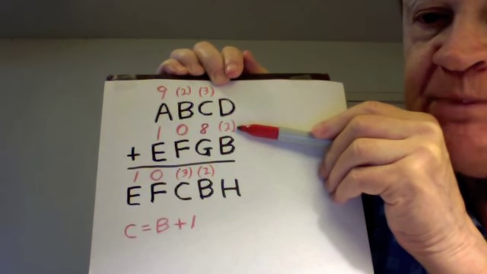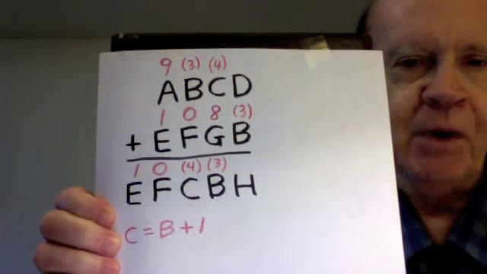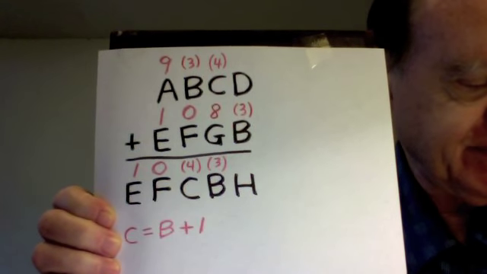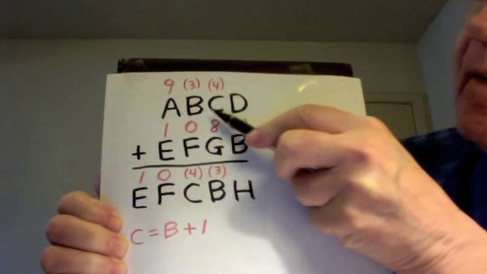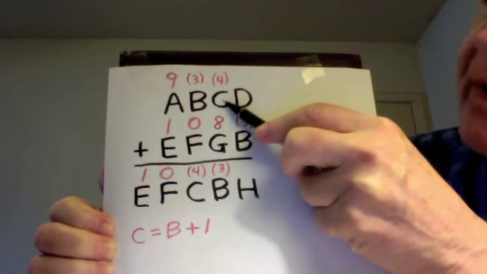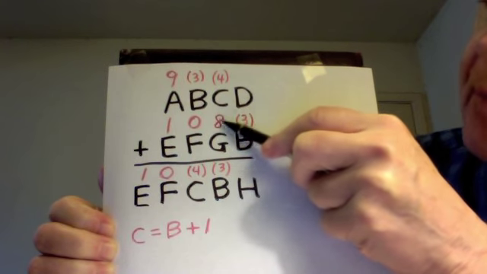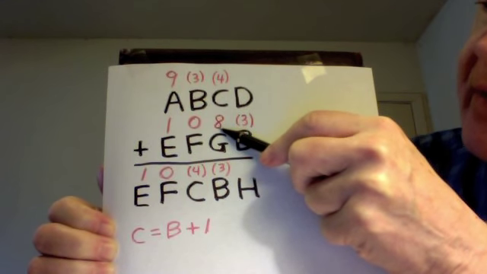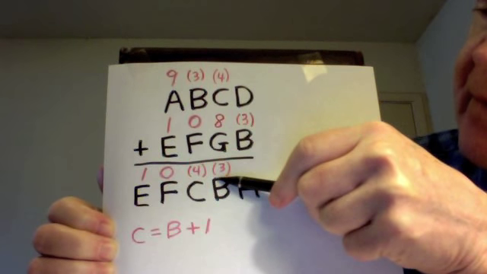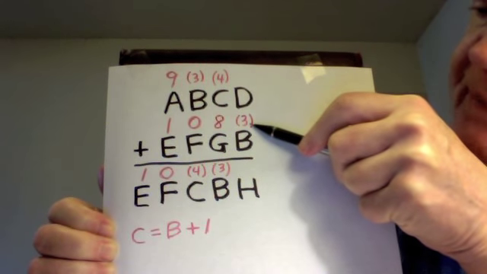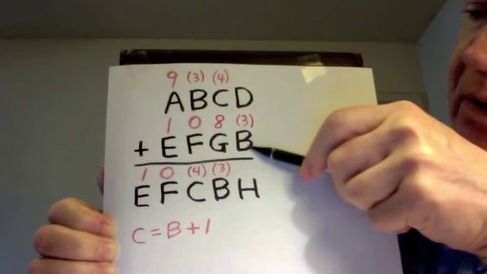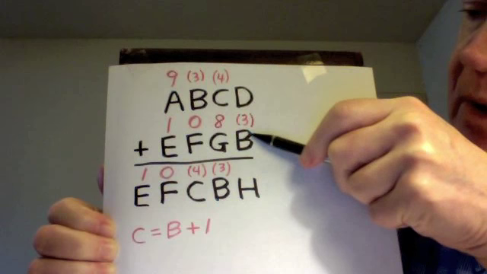So let's imagine that B is 3. I've put that possibility in parentheses. B is 3, C is 1 more, that's 4, so here C is 4. 4 plus 8 plus the 1 carried from the D plus B column makes 13, put down the 3. But this means this B is 3. Again, we have to be able to carry 1 from the D plus B column.